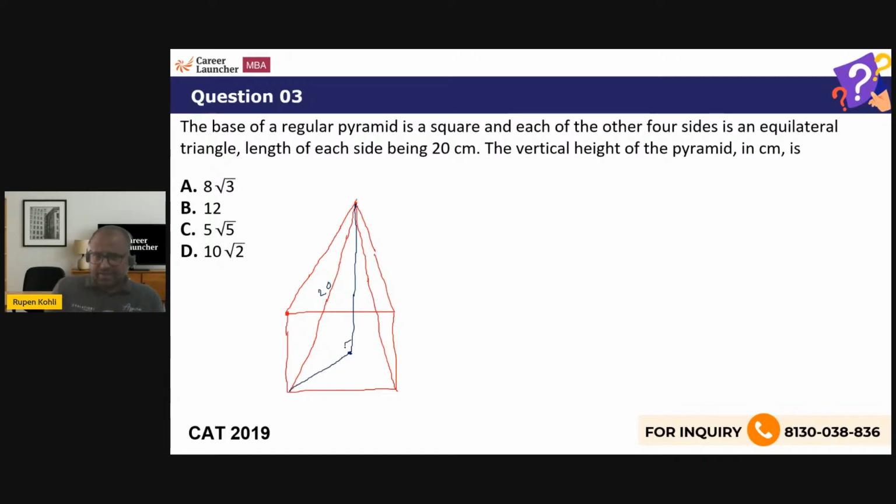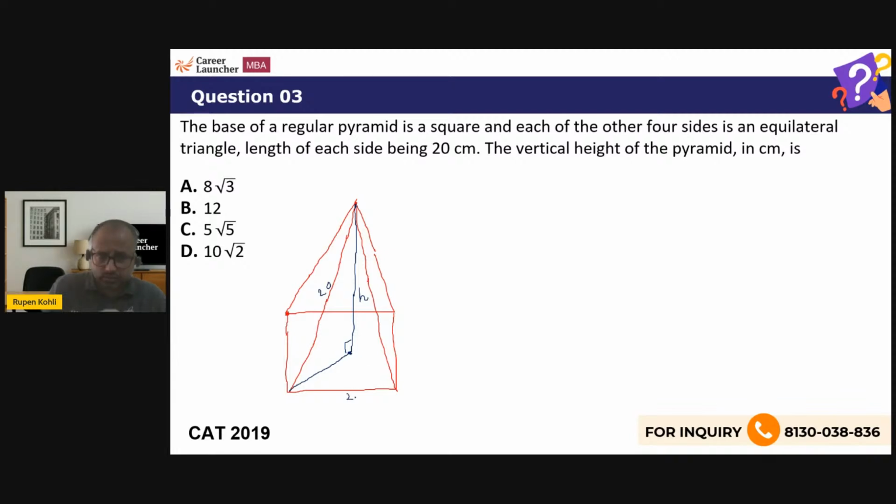So this will be a right triangle simply because this is a vertical line and this is the line along the base, right? Now what about this length? Because we want to find this height h. If we can find this length, I think we are through because we already know this is 20, right? So obviously this much is nothing but half of the diagonal of the square. The diagonal will be 20 root 2, right?